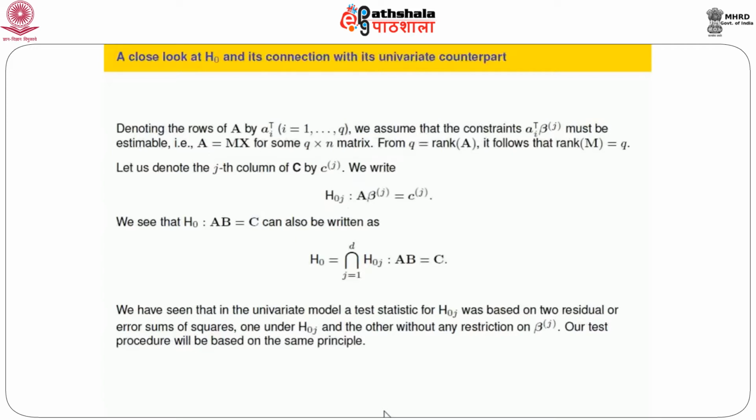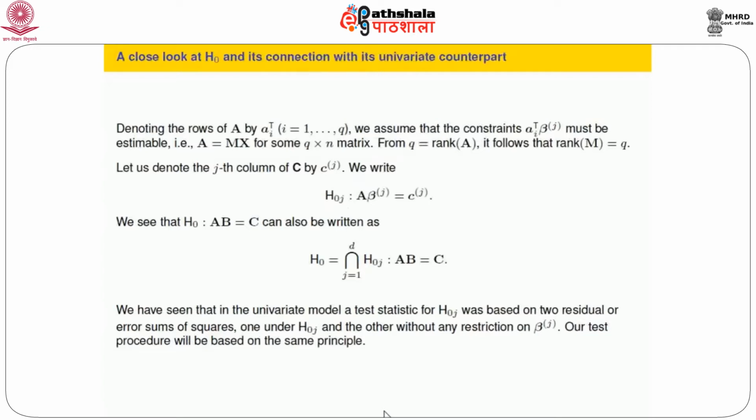Now why is this being done at all? Let us remember that in the case of the univariate linear model, we have seen how to test this hypothesis. Basically, you assume that this is estimable first of all, then you estimate beta_j by the least squares estimate, and then you look at A post-multiplied by the corresponding least squares estimate of beta_j. From that you subtract c_j and you do the standard analysis, where you also have to use the estimate of the dispersion, the mean square error of this.